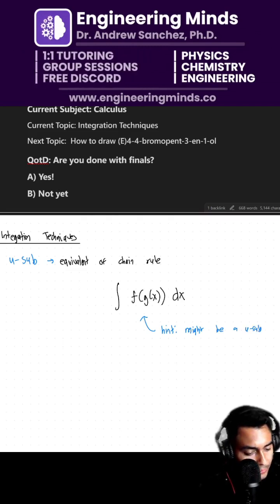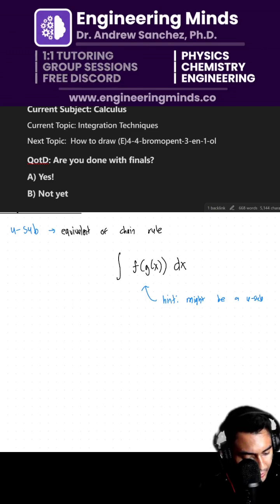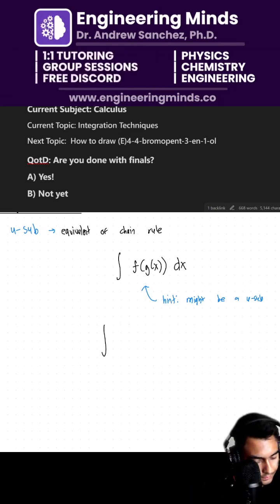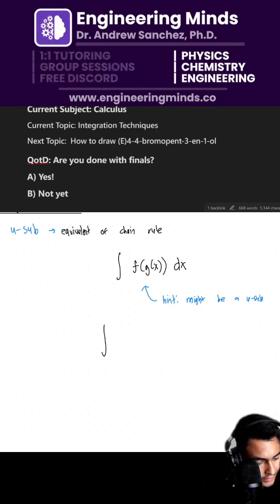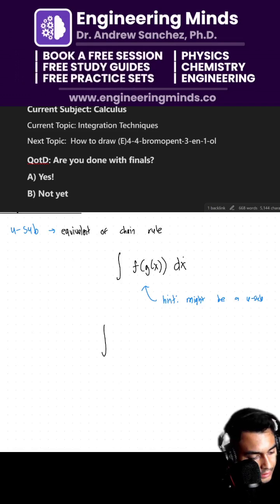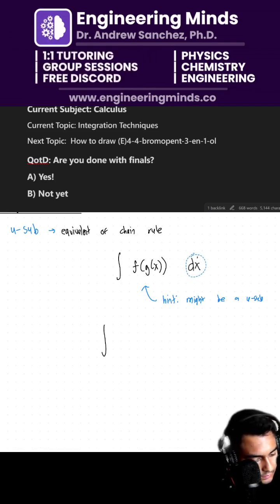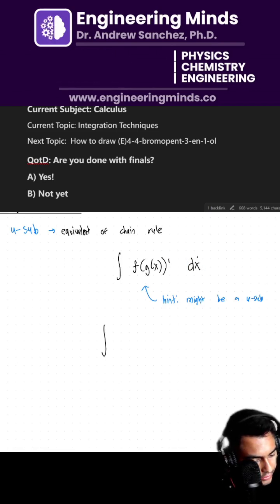So for example, if we have a function and then times another function, h of x.